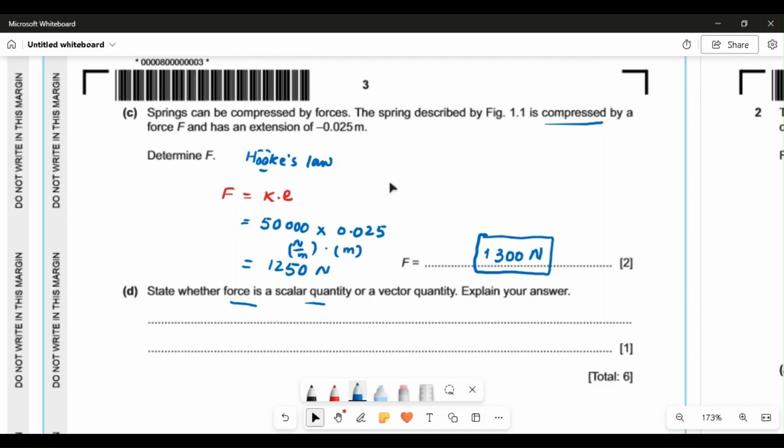The last part of the same question is to state whether force is a scalar or a vector quantity. A scalar quantity needs just the size, only the magnitude. Whereas a vector quantity has the size, that is the magnitude, and direction in it.